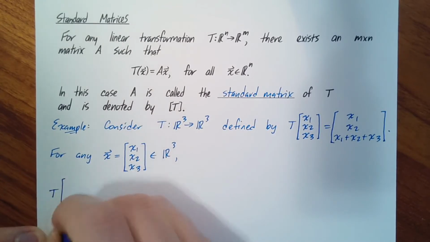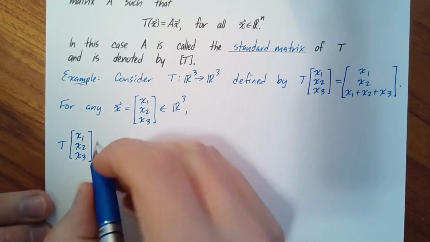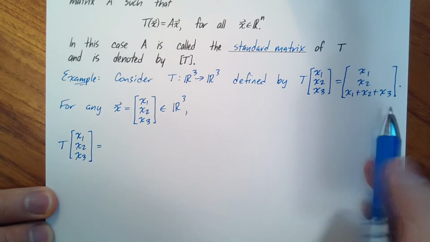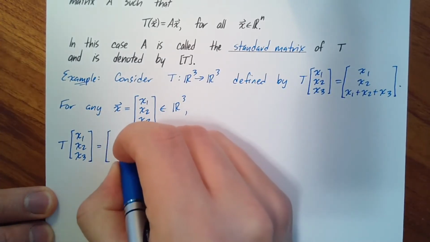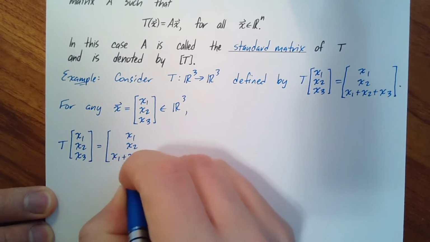Let's just write out the definition of T. T of x1, x2, x3 is really equal to this three-dimensional vector: x1, x2, then x1 plus x2 plus x3.